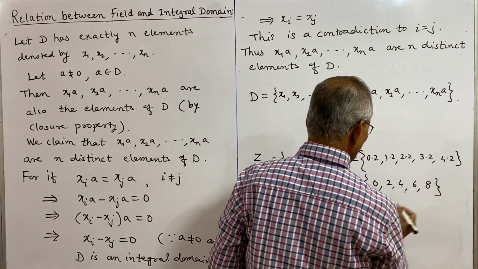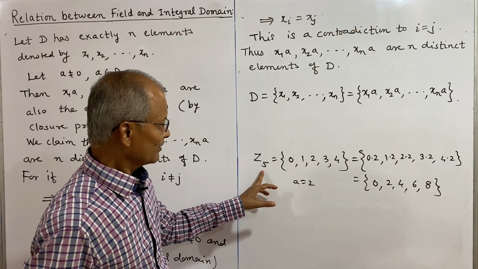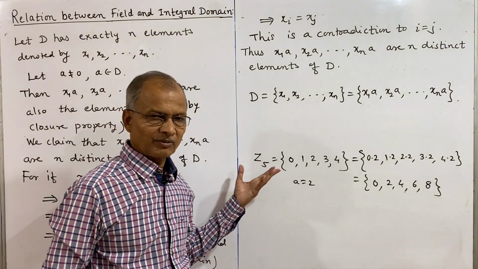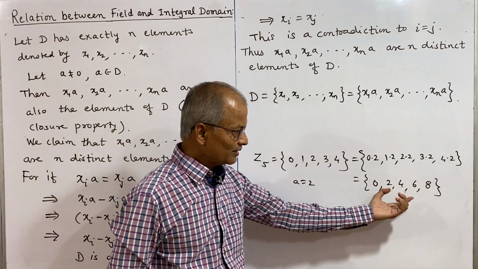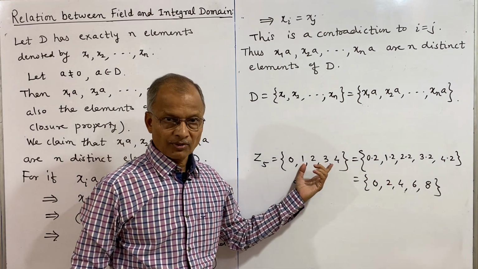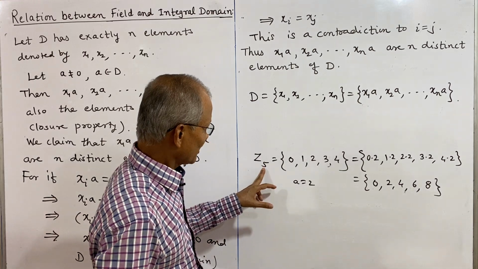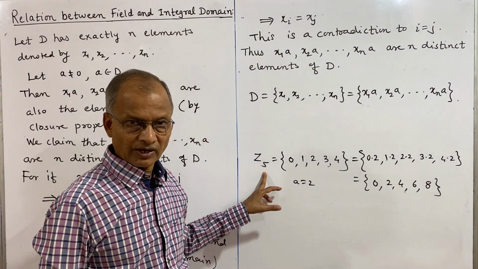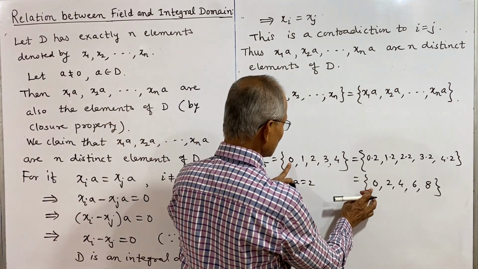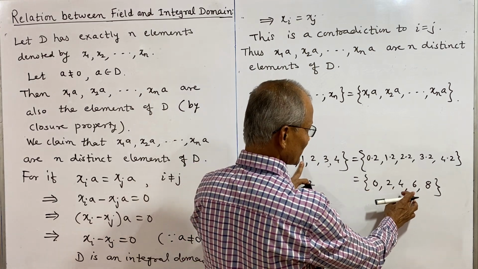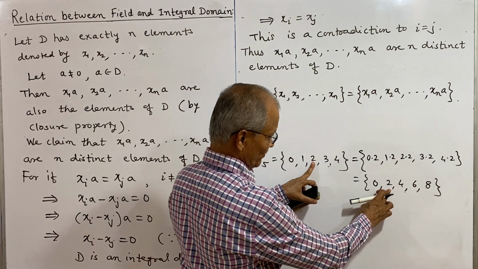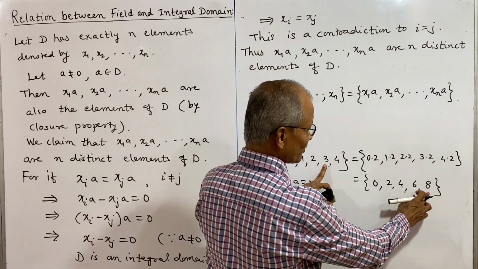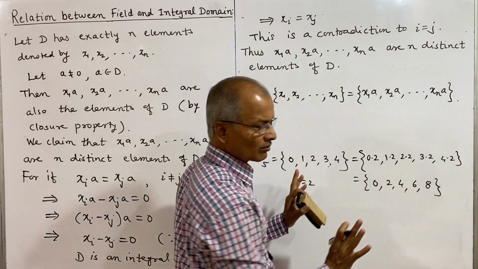Actually these will be 0, 2, 4, 6, 8. Now you see in Z5, these elements and these elements are the same, because this is under congruence modulo 5. So 0 is congruent to 0, 1 is congruent to 6 under modulo 5, and 2 is congruent to 2, again 3 is congruent to 8 under modulo 5, 4 is congruent to 4.